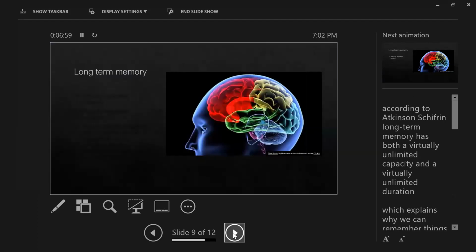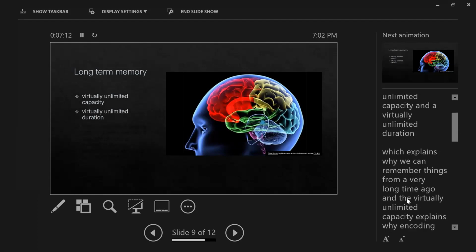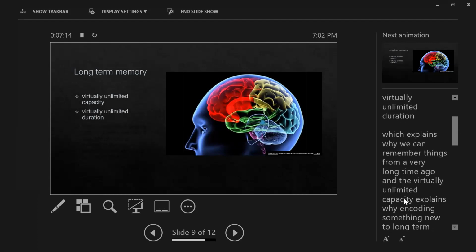According to Atkinson's theory, long-term memory has virtually unlimited capacity and unlimited duration, which explains why we can remember things for a very long time.